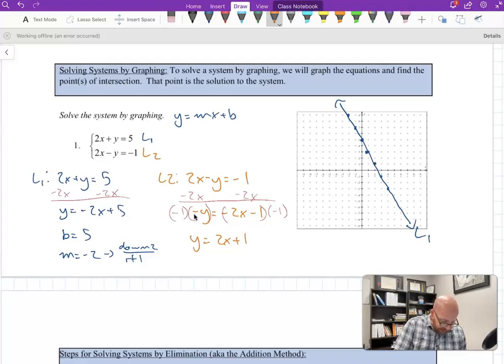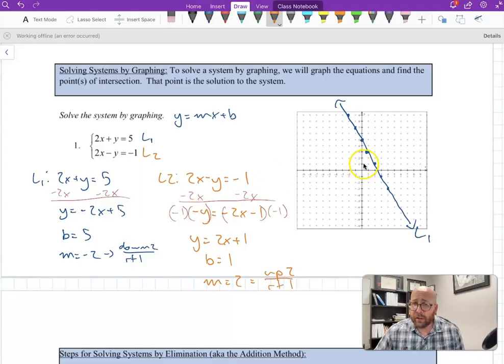So this means that our y-intercept is at 1. Our slope is 2, which means we're going to go up 2 to the right 1. So we're going to start here at our point 1, and we're going to go up 2 to the right 1.